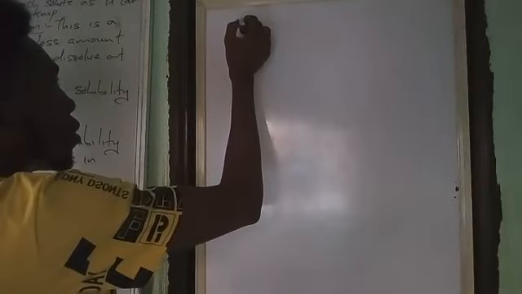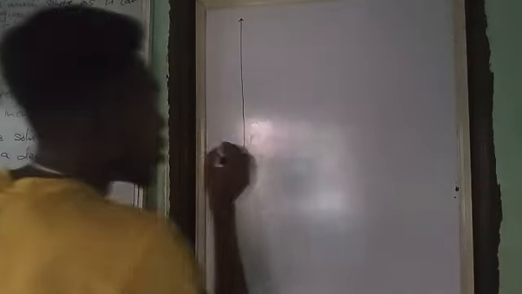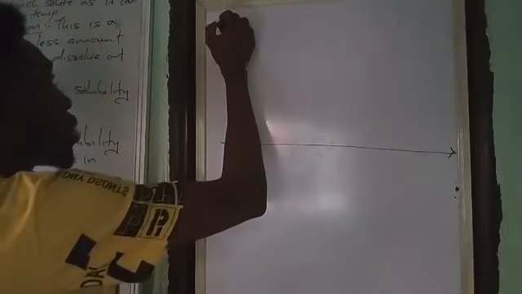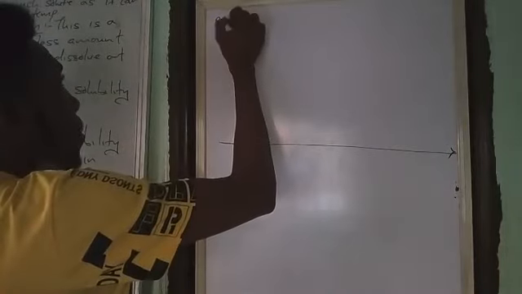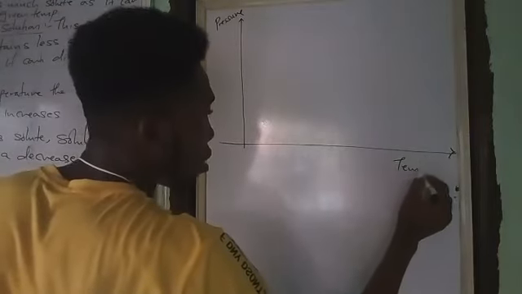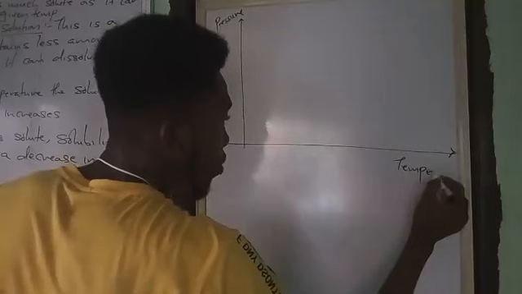Now, the important point to be looking at in our phase diagram: we said on the y-axis we have pressure, and on the x-axis we have temperature.